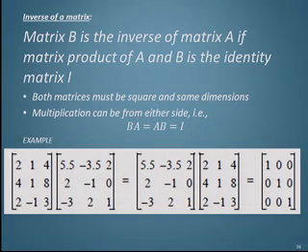So if B is the inverse of A, then not only is A times B equal to I, but B times A is I. As an example here, you can see that this 3 by 3 matrix, 2, 1, 4, and so on, if I right multiply it by its inverse, or if I left multiply it by its inverse, I get what's on the far right there, the identity matrix.